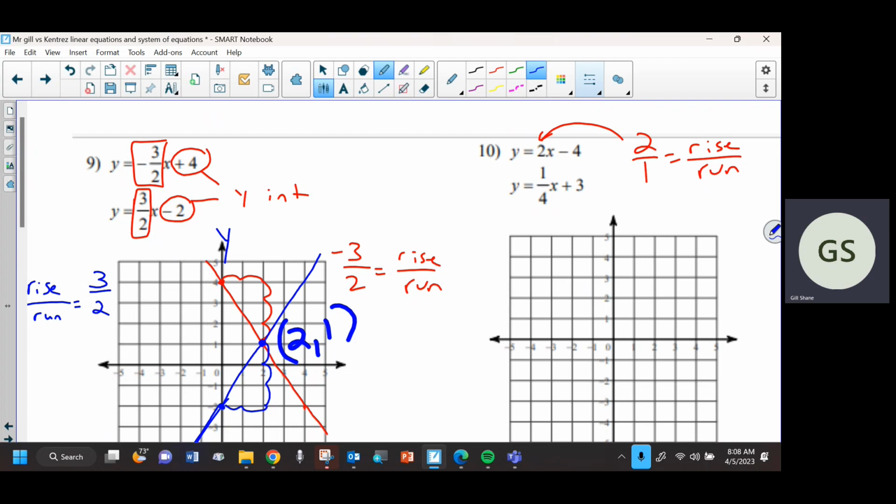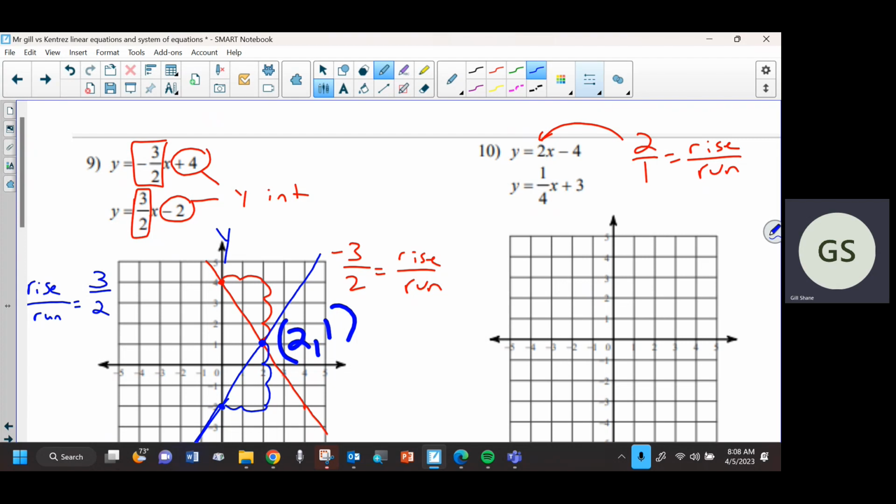This is the only point that makes this left side equal this right side, and this left side equal that right side. No other point does it. That's why it's the answer. It makes both rules true. I have a whole bunch of points on this blue line that make that bottom equation true. Every single point on the blue line makes this left side equal that right side. The red line has a whole bunch of points that make its equation true.